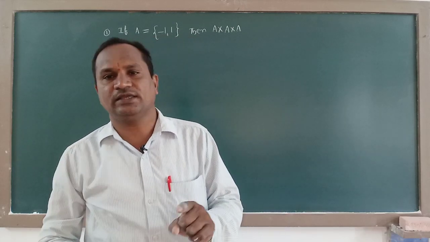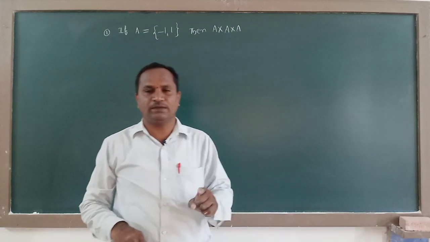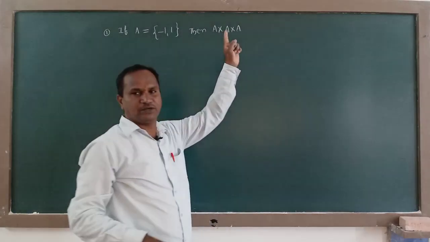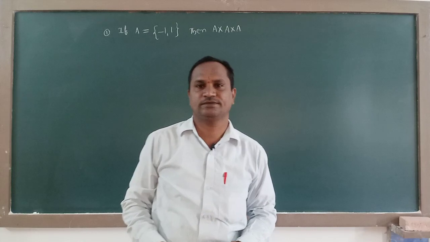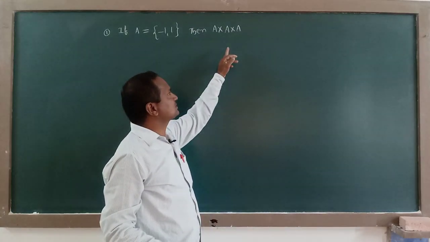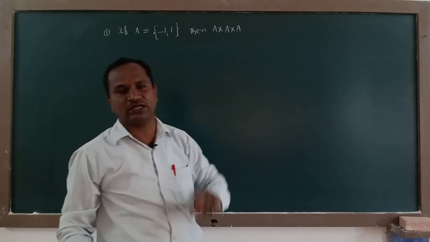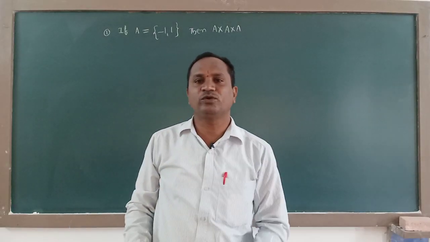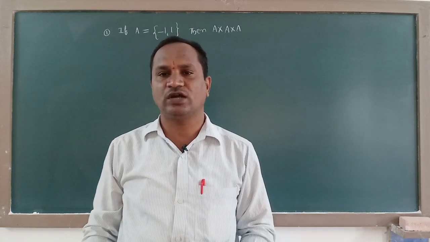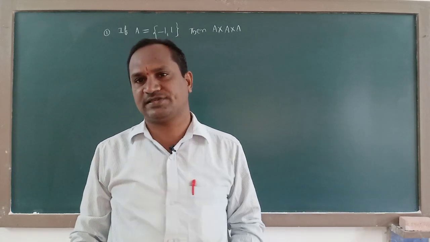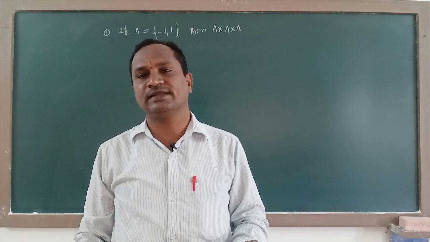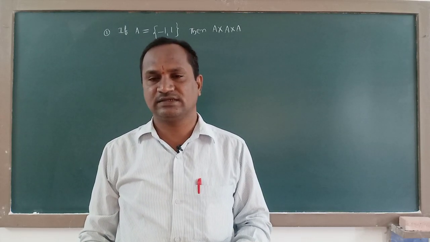When you hear the word triplet, the cross must appear two times between those letters. Here, if you observe A cross A cross A, cross has come two times. When it has come two times, we can easily realize it is a triplet. But whenever there are only two elements, that is an ordered pair.